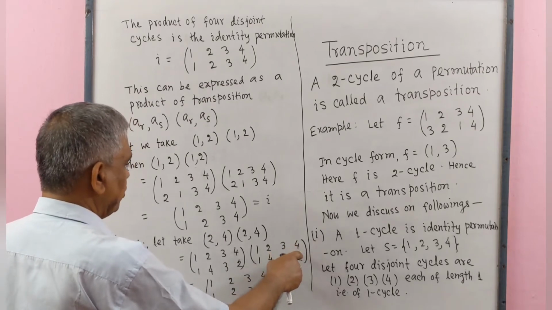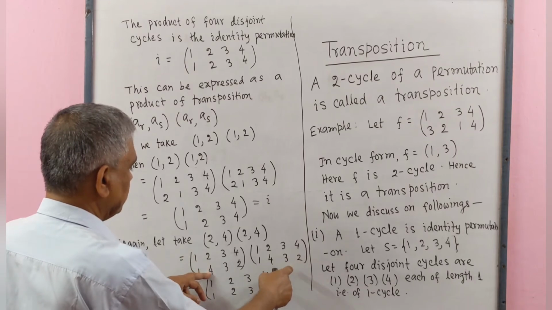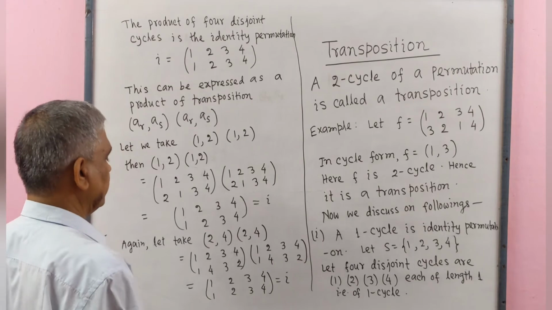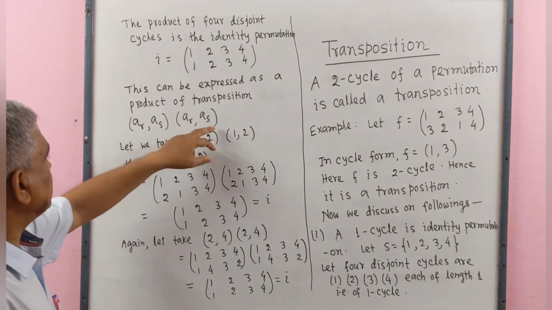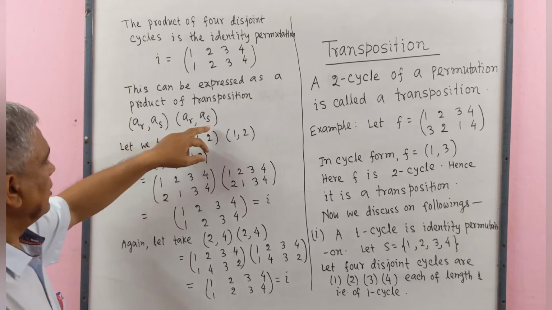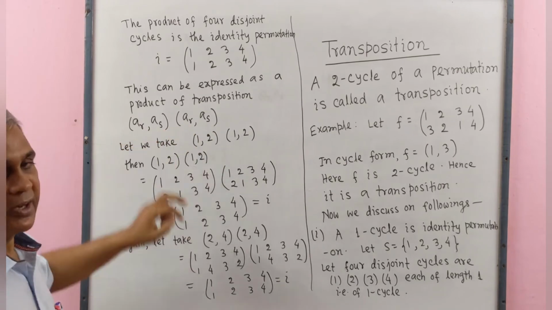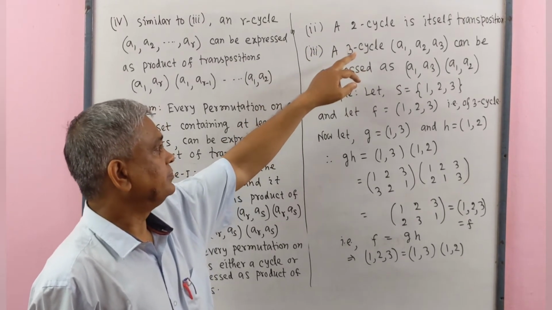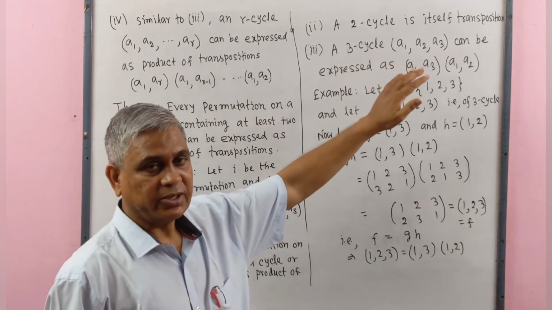Here image of 4 is 2 and image of 2 is 4. So we write 4 under 4. This is identity permutation. So product of two transpositions of this type gives identity permutation. Number 2, a 2-cycle is itself a transposition.